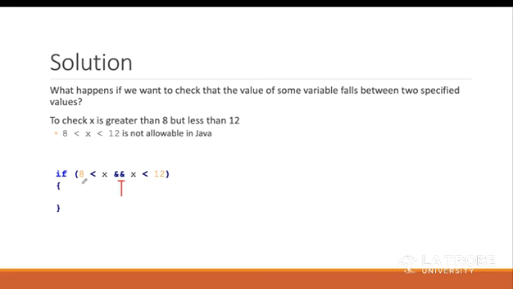It will check the first part: is 8 less than x? Again, assume x's value is 10, so yes, it will be true. And x is less than 12, so again it will be true, and this whole expression will result in true. This is called a logical operator that you need to use if you want to compare a range.